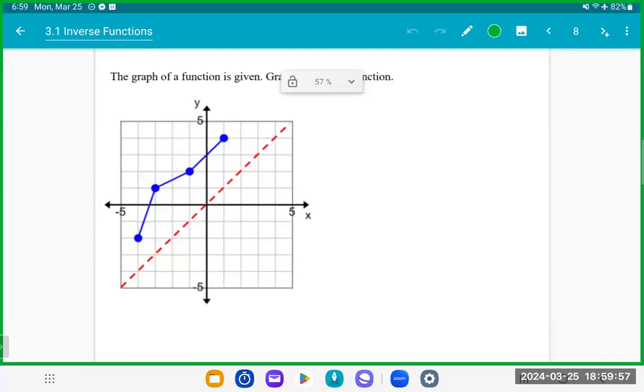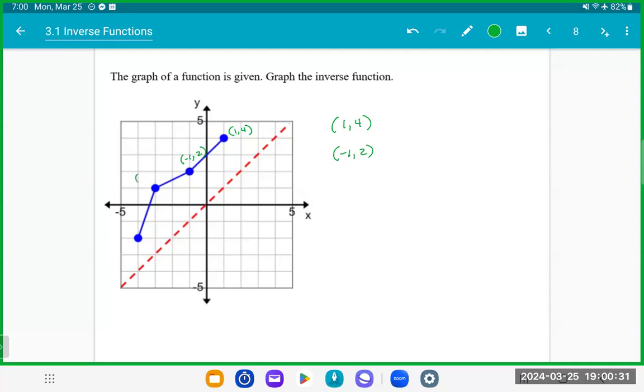All right, so here's an example, the last thing out of this section. And you could see the graph of the function, and we want to graph the inverse. Okay, so the first thing, let's just see the points. So we have 1, 4 as this point, right? This is 1, 4. We have -1, 2. That's this, -1, 2.